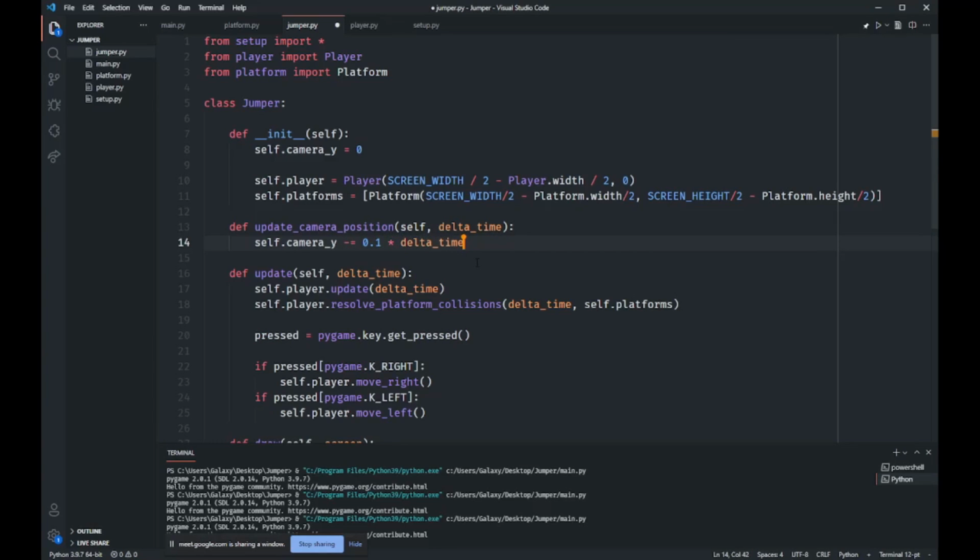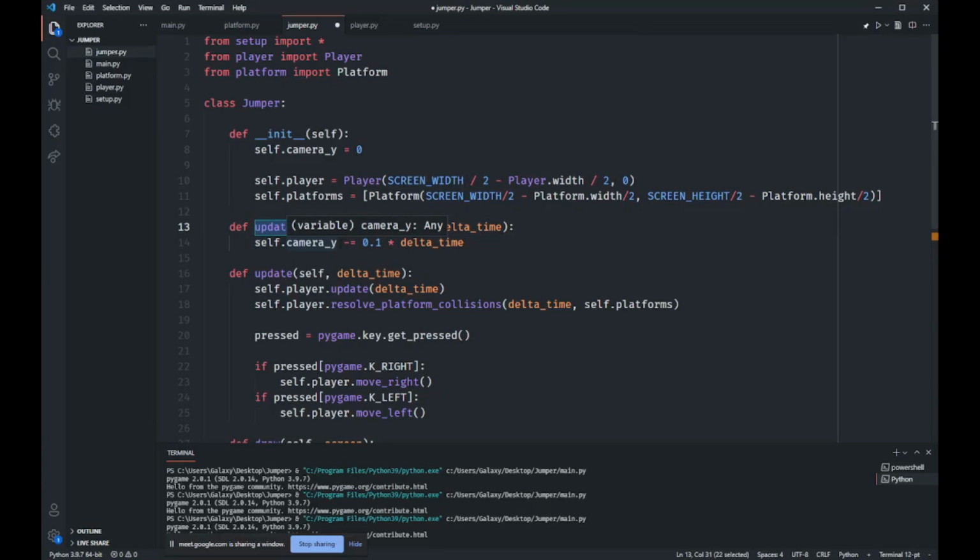This is very similar to how we do our position updating in player, right? We're just going to get kind of a speed, so that's going to be 0.1, and multiply it by delta time.